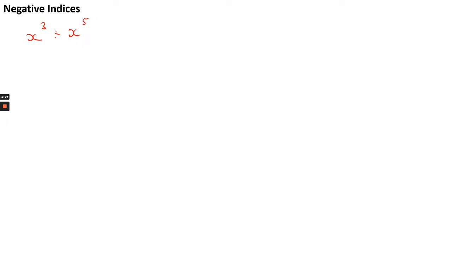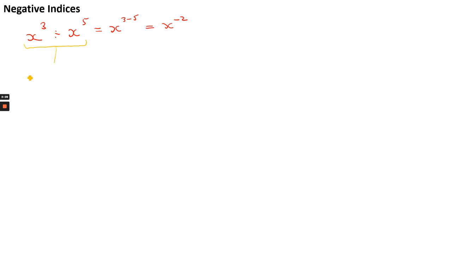Now, by our division rule, I'm going to subtract my indices, and I'm going to be left with x to the power of negative 2. Now, I want to consider what this actually means, so we don't just get distracted by the division rule. We've got a negative index as my answer, but what are we actually doing when we do x cubed divided by x to the power of 5?